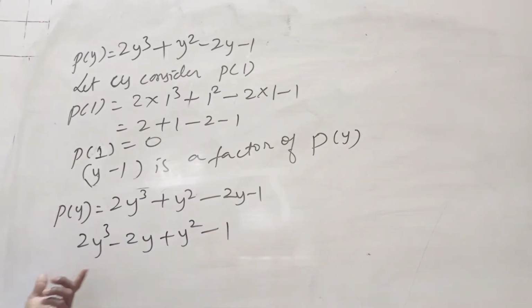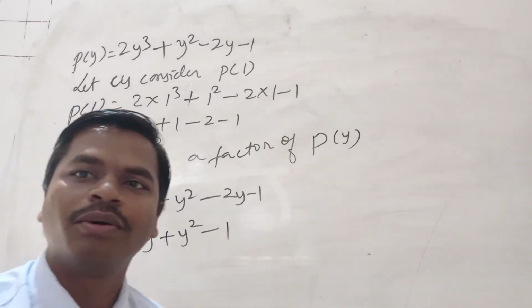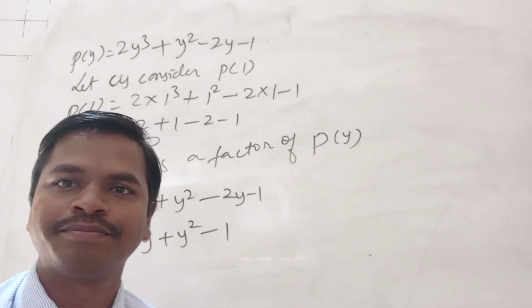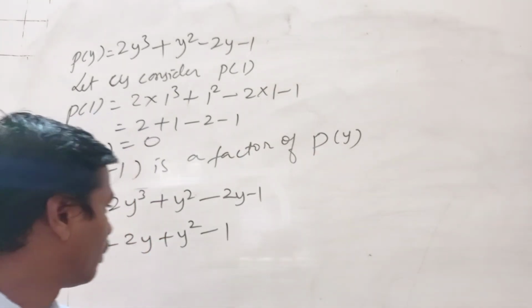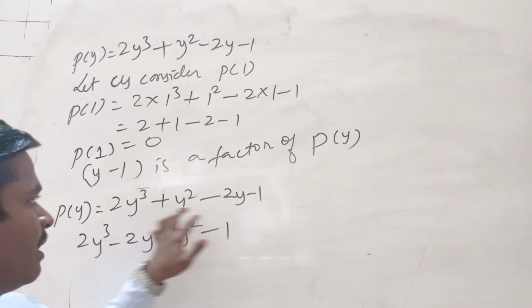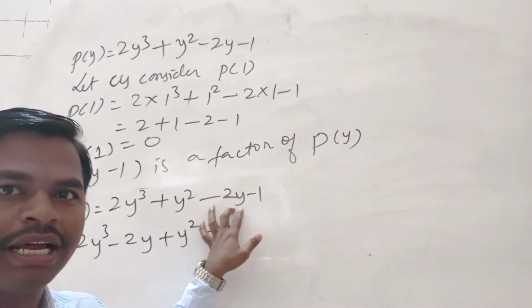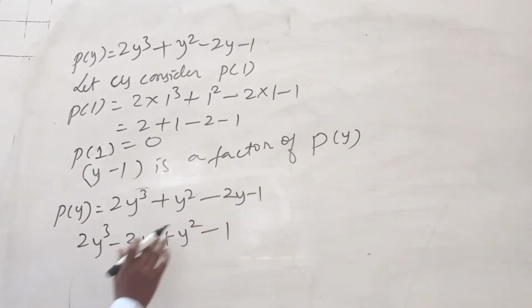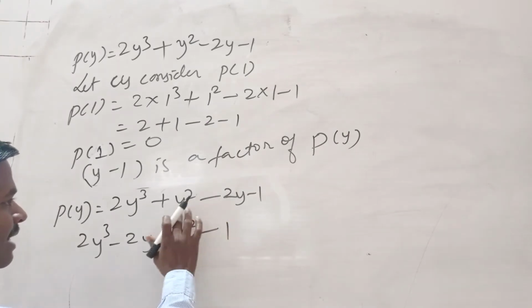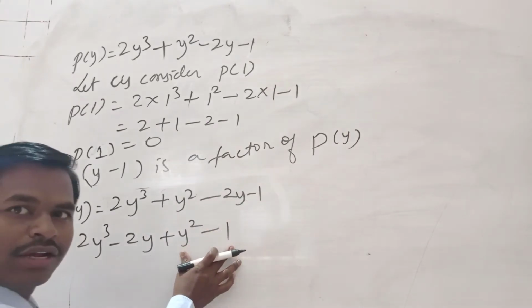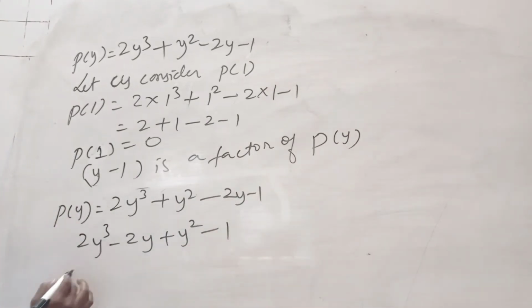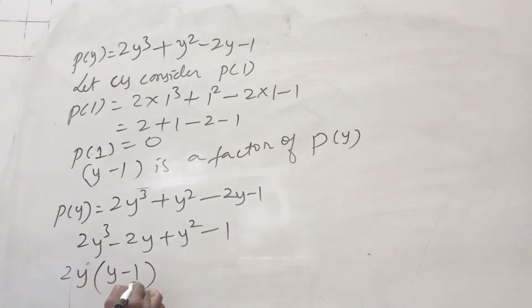We will group these terms. Now, what happens here? First term and third term we are grouping here, and second term and fourth term, to take common numbers outside. What is common here? 2y is common. What remains here? Y minus 1.